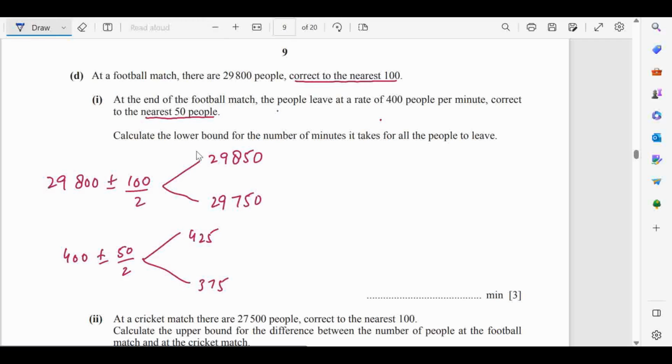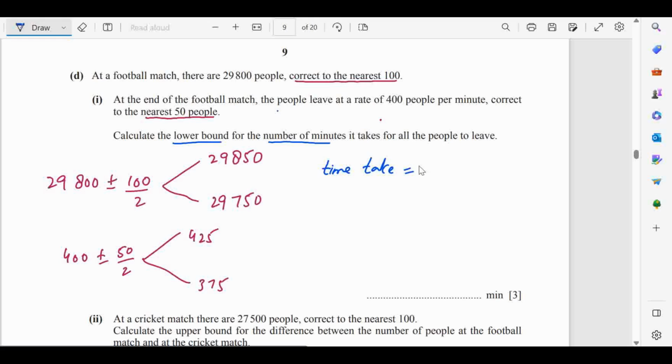Now in this particular question, calculate the lower bound for the number of minutes it takes for all the people to leave. So we need to find the time taken by the people to leave.